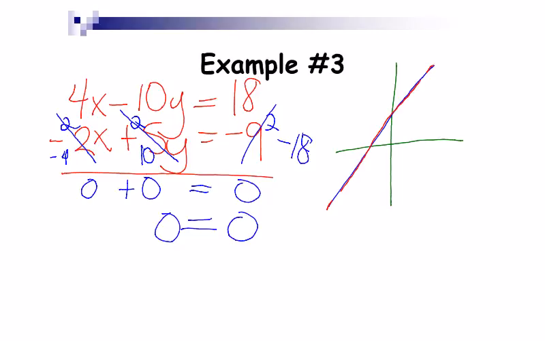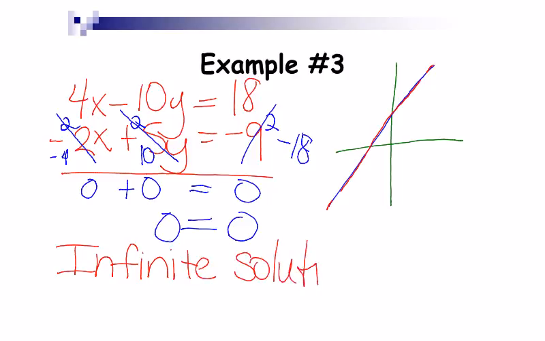So every point on the line is crossing the other line. Okay? In that case, the answer is going to be an infinite number of solutions. All right, so that's our third example.